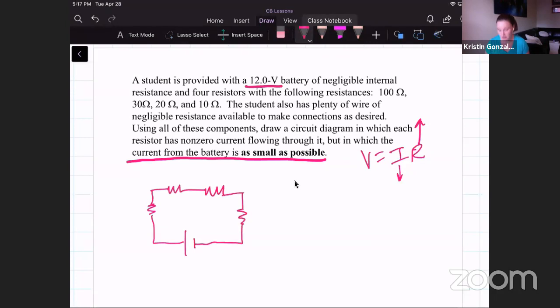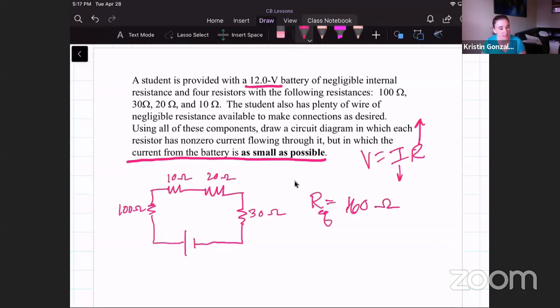in series, no matter the order, it could be the 100 ohm first, or it could be the 10 ohm first. It doesn't matter what order they're in. If they're all in series, we could find what that equivalent resistance would be. If we add those all up, we get 100, 30, 40, 50, 160 ohms, which is a really big resistance, right?